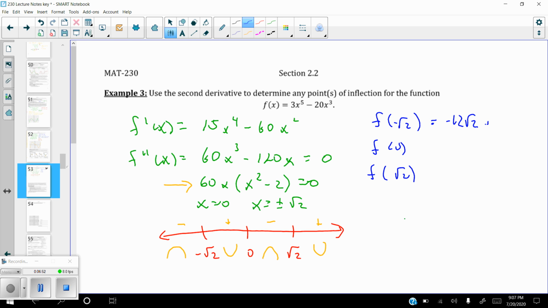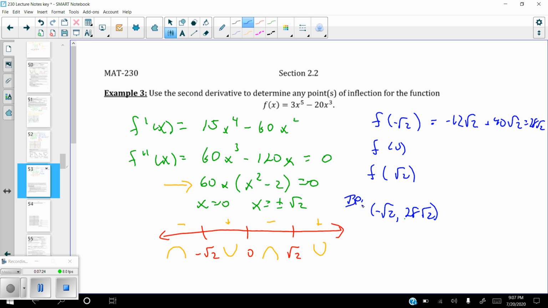So that's going to be plus 40√2, which is going to end up giving us 40√2 minus 12√2 is 28√2. So my first inflection point is going to be the point -√2, 28√2. That is the first inflection point.